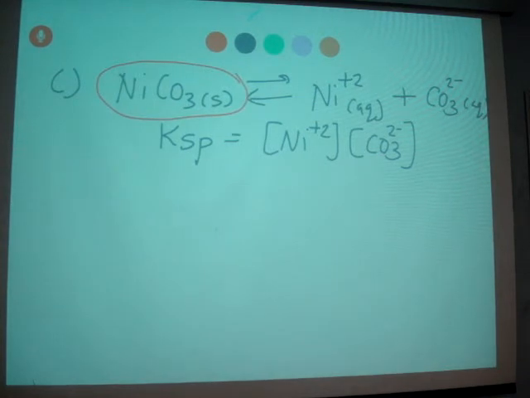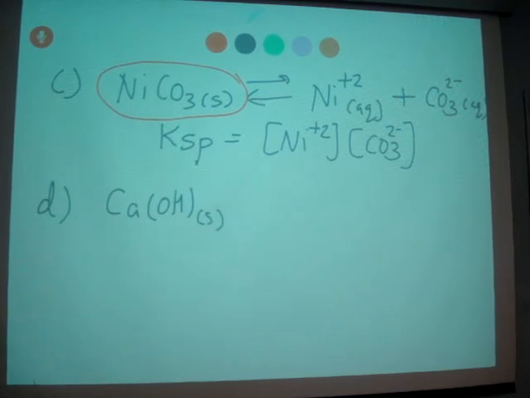Now let's work on one more problem. Ca(OH)2. This is an ionic solid. When we write, first we need to write the equilibrium equation. We can write Ca 2 plus, which is aqueous, and I need to write 2 here. I forgot to write 2 here because it's Ca(OH)2, which is in equilibrium, and it's 2 moles of OH minus ion aqueous.